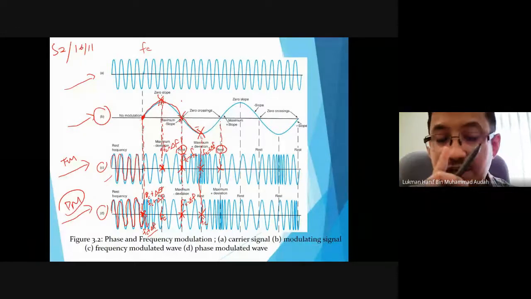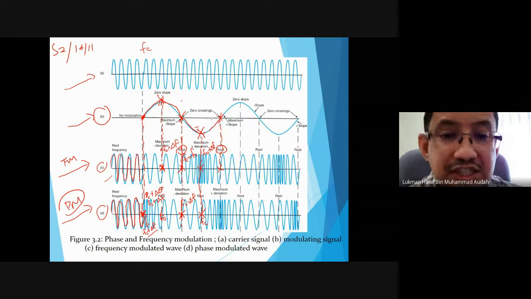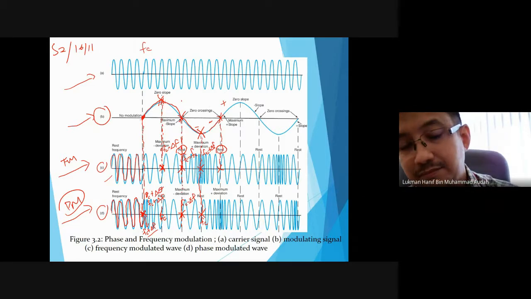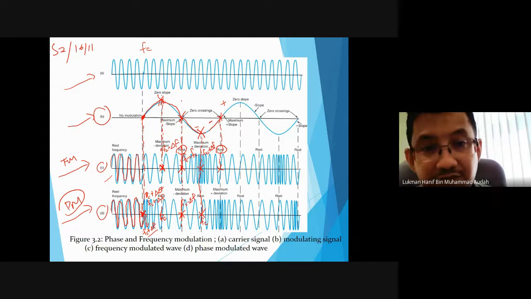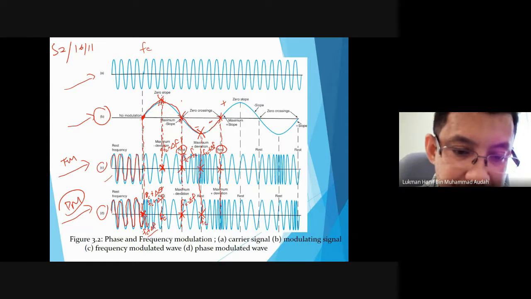Then what? Then the VMT moves from negative peak until zero axis. So dia cross pada zero axis. So now the changes from negative to positive. Dia bergerak daripada negatif ke positif. So what happened at the output? The output becomes critical over here.